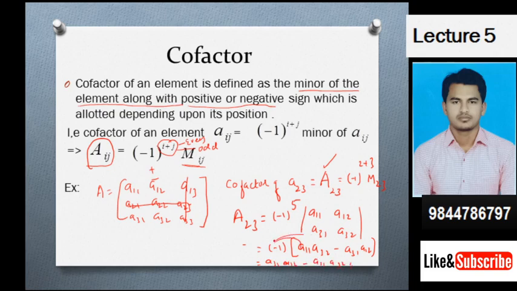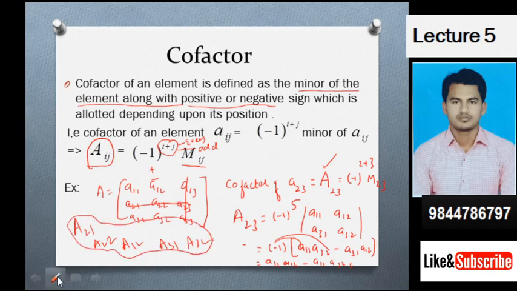I am just multiplying the minus sign with each and every factor. So this is the method to calculate the cofactor of each and every element. Similarly, you can calculate A21, A22 and A12 as well as A31 and A32. So try yourself.